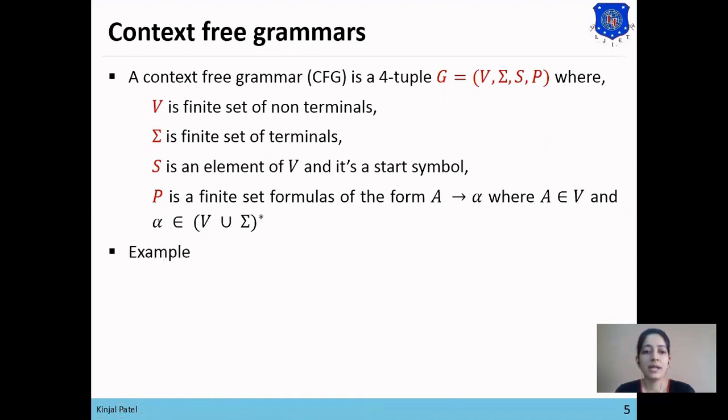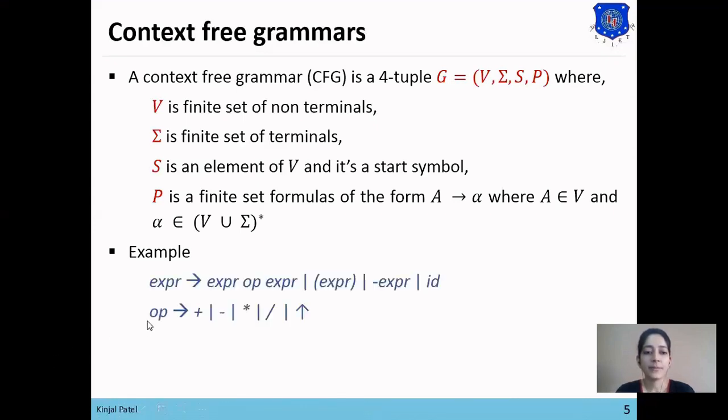So we'll see it by example. Here you can see the grammar rule: expression gives expression operator expression, or in brackets expression, or minus expression, or ID. And the second statement is operator gives plus, minus, star, division or power. Now in this grammar we need to find all four tuples.